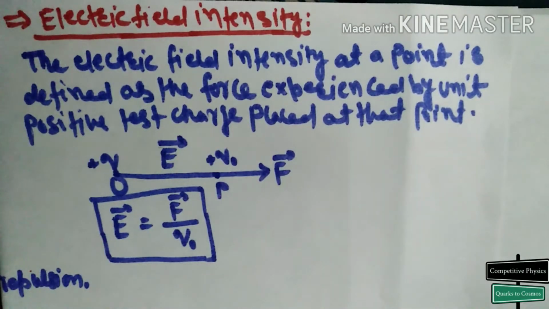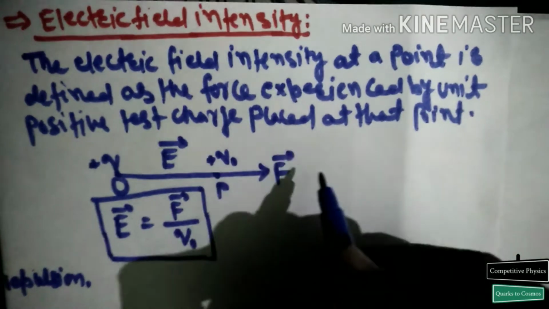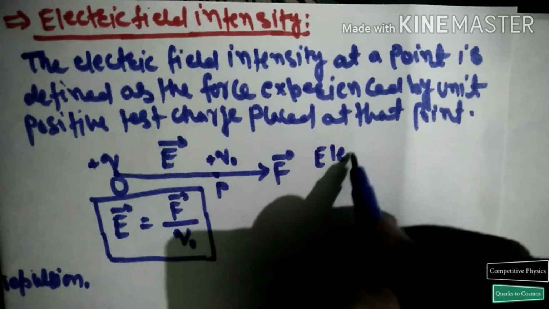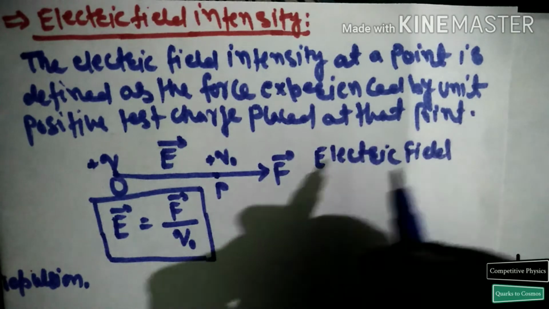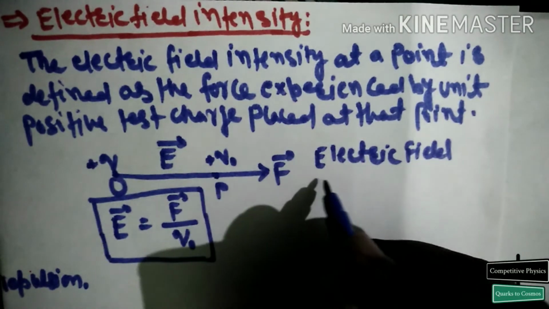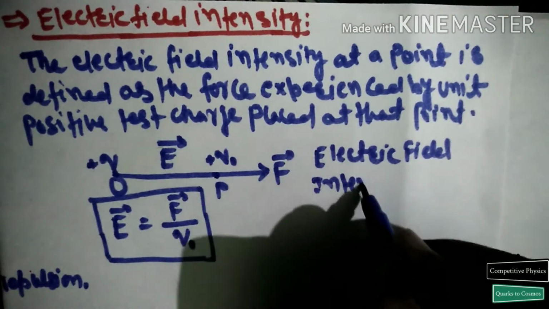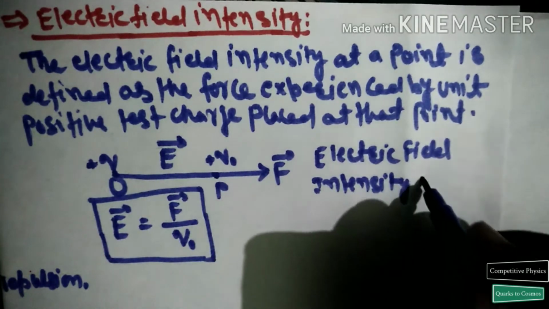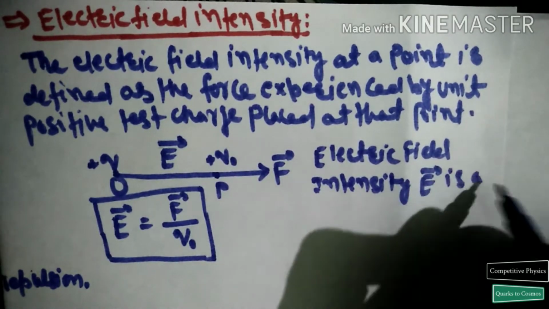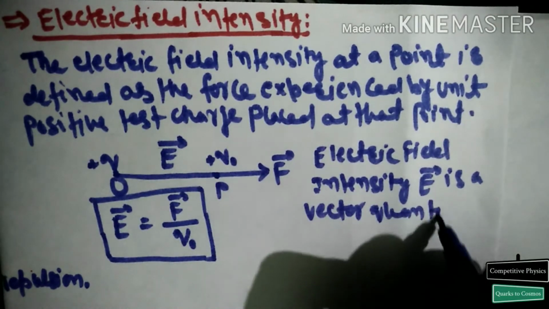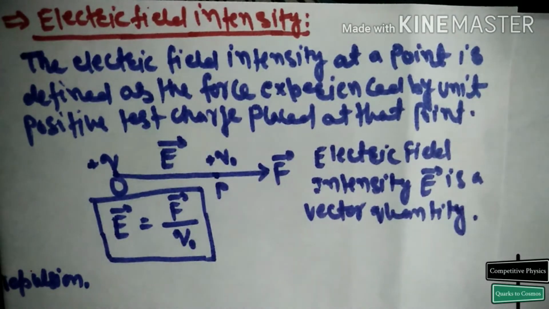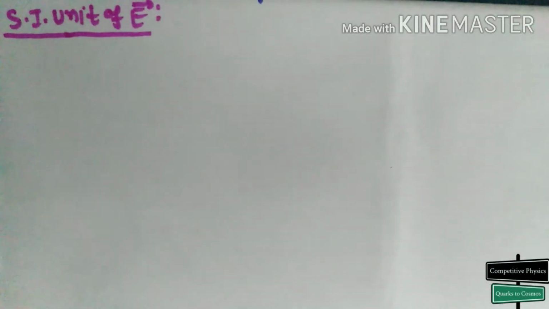Okay, the electric field is also a vector quantity. So let me write: electric field intensity E is a vector quantity.